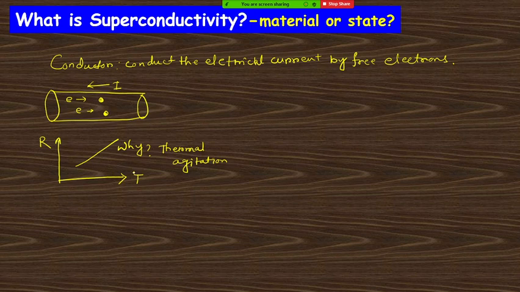If we increase the temperature, the vibration of these molecules or electrons increases. That's why the number of collisions also increases, and that's why the resistance increases.